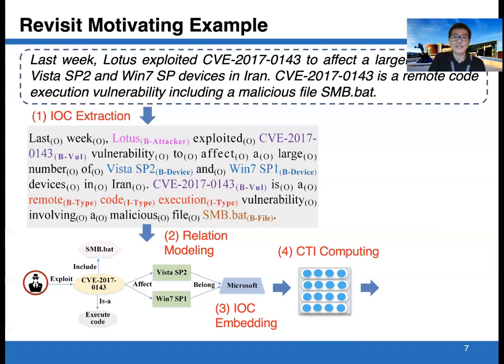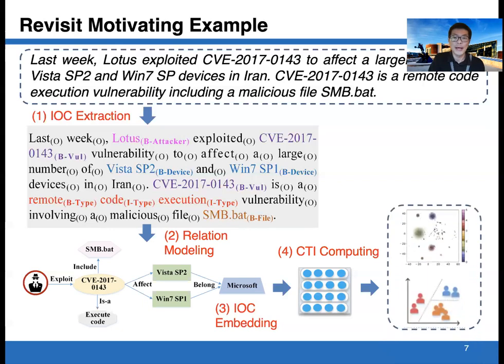With the learned IOC embedding by this CTI computing framework, CTI subscribers can use classification methods and clustering algorithms to gain new threat insights, such as predicting which attackers are likely to belong to the same group, or identifying which vulnerabilities belong to the same category without any expert knowledge.